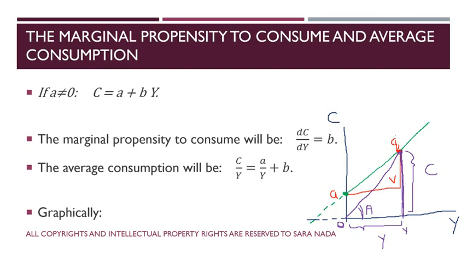So the angle here is different from the angle A. This will be the angle B. So tan B will give the slope of the consumption function, while tan A will give us the average consumption. Now it's clear that when we have autonomous consumption that is not equal to 0, there will be a difference between the marginal propensity to consume and the average consumption. And you can show this graphically as the graph that is drawn in front of you.